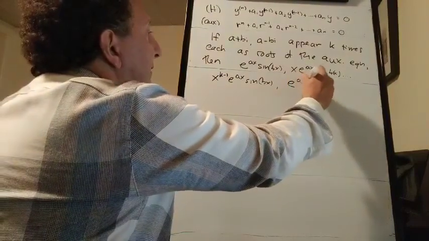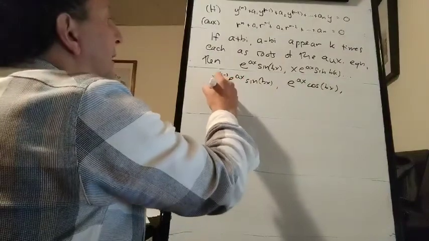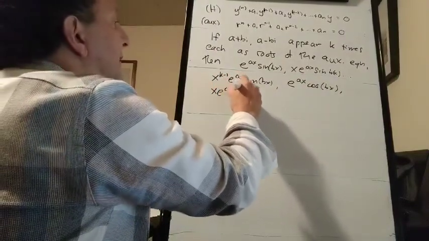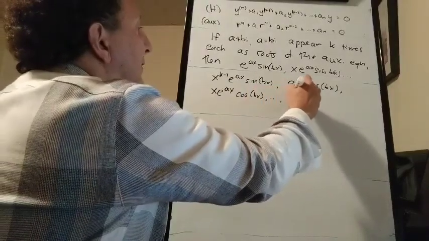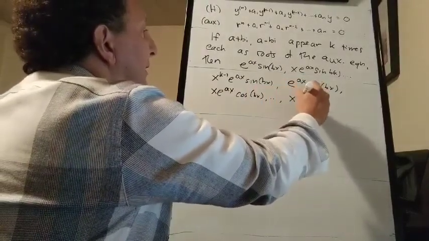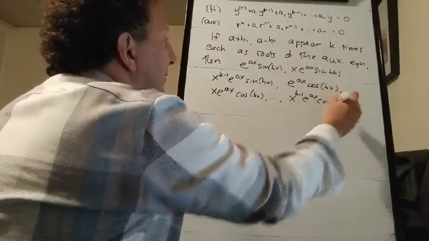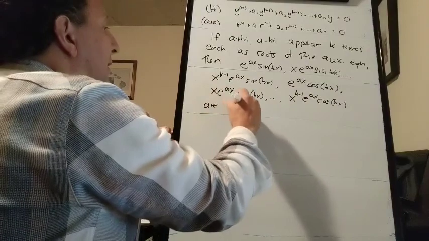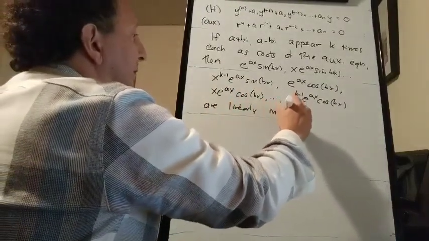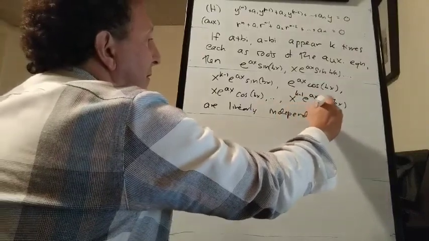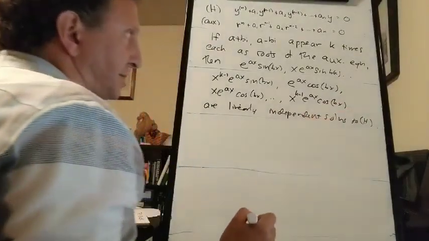E to the ax cosine bx, x e to the ax cosine bx, up to x to the k minus 1 e to the ax cosine bx are linearly independent solutions to the homogeneous differential equation.